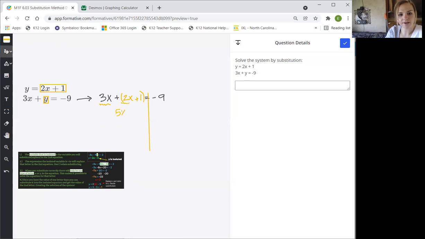That's 5x plus 1, and then equals negative 9. Then we can subtract 1 from both sides. That gives us 5x equals 8. Divide by 5 on both sides. That gives us x equals 8/5.